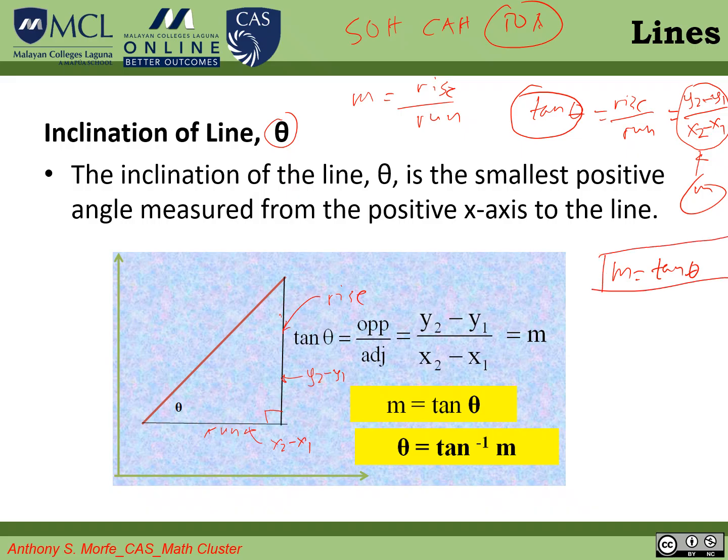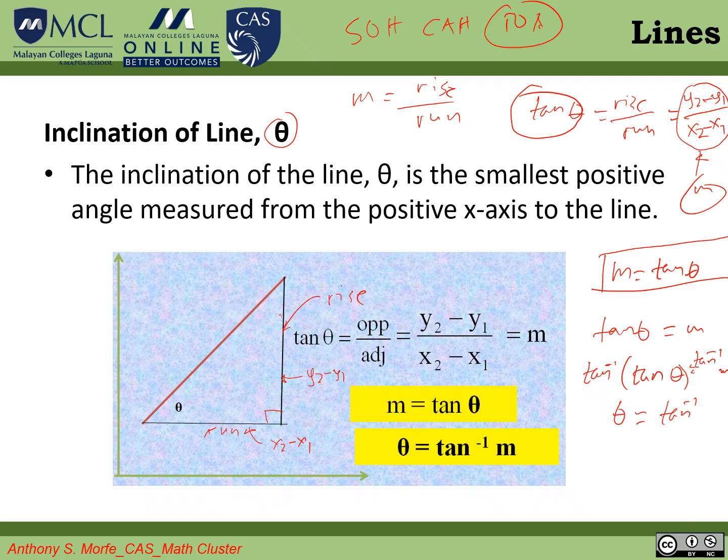And to solve for theta, you can write it this way. They're just the same, and when you solve for theta, you just take the inverse tangent on both sides. So inverse tangent of tangent theta is equal to inverse tangent of m. And from our previous discussion, inverse tangent of tangent theta is equal to theta. So therefore theta is equal to inverse tangent of m.